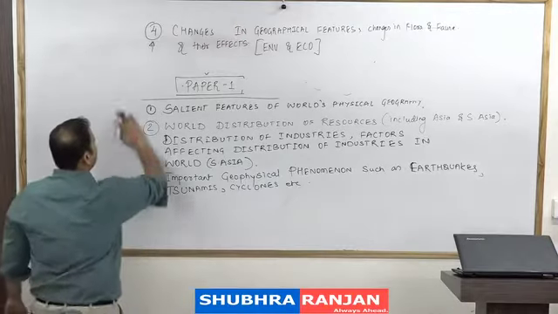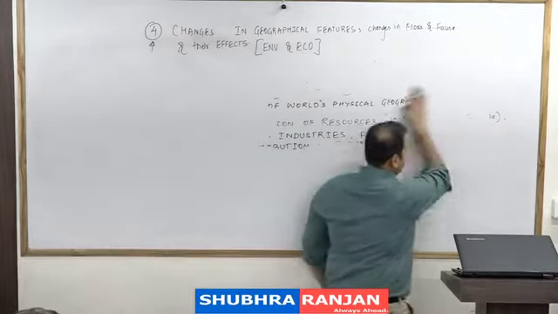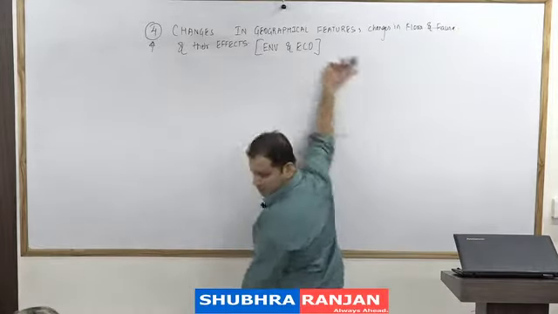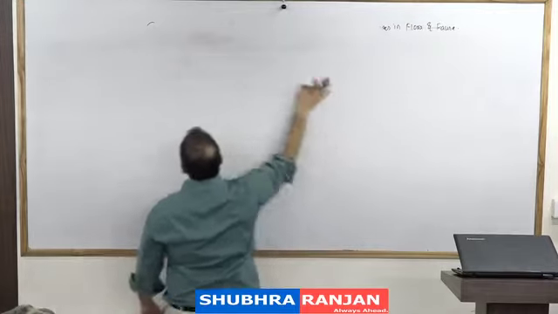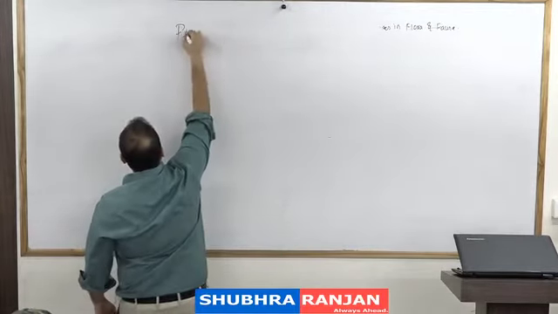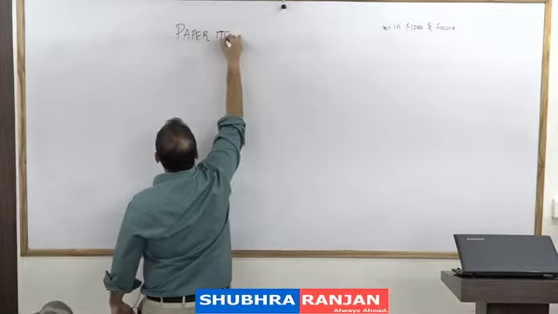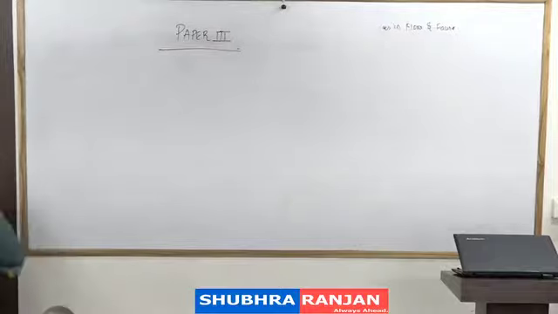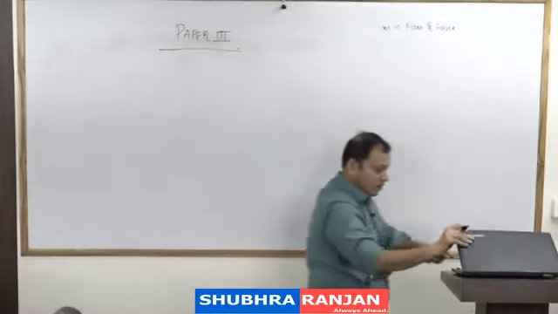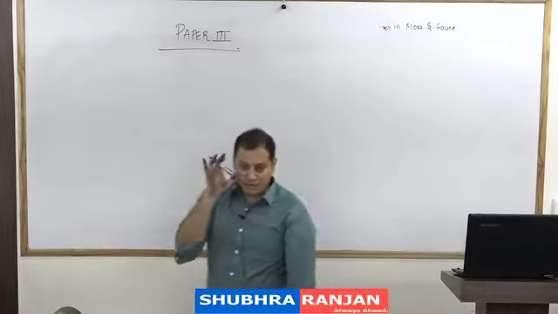So we come to the next part of our syllabus, that is paper 3. See, paper 3 will be taken by 2 teachers, one who will be dealing with economics and I will be dealing with some of the parts of geography from the economics part.